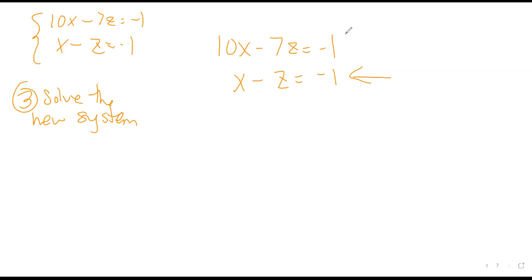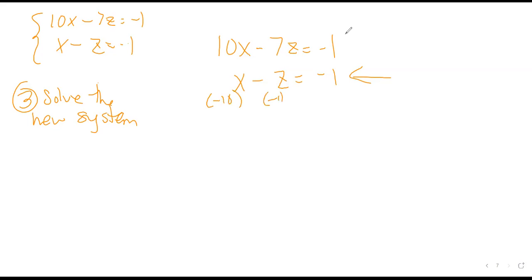X. So then what do I need to multiply this whole bottom equation by? By 10, yeah. But now I need it to be negative 10 because this is a positive and a positive. So to cancel it, it has to be a negative.